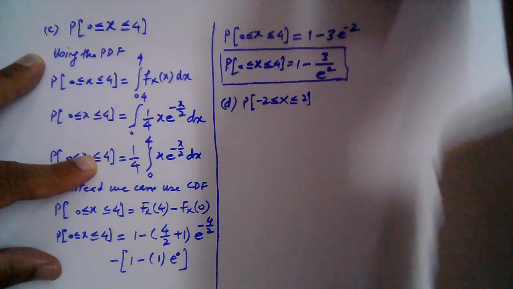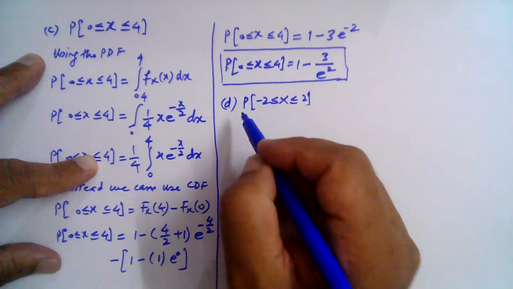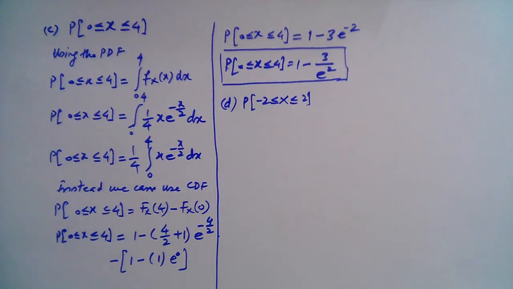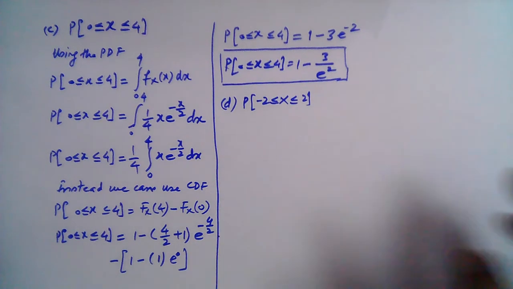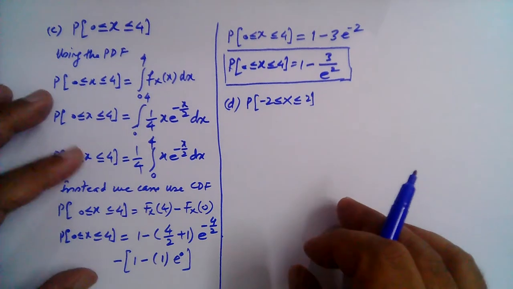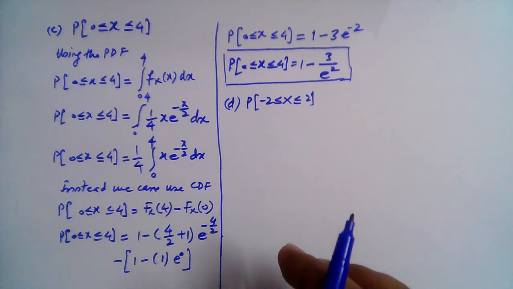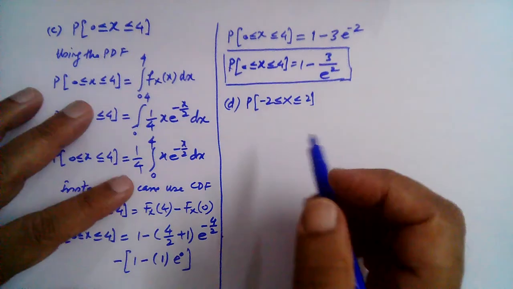So again, we can use either the PDF or the CDF to find this probability. However, using the PDF, we will need to evaluate an integral, which may be a lengthy process. We can just use the CDF to find the probability.